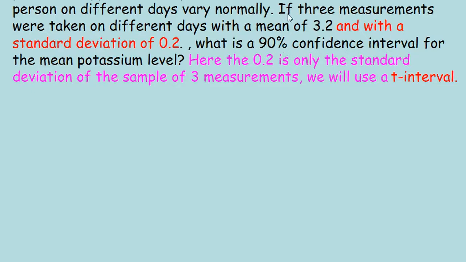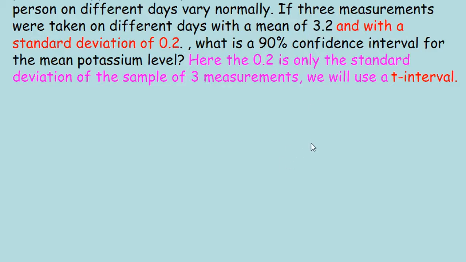Now it says if 3 measurements are taken with a mean of 3.2 and a standard deviation of 0.2, that would make this a T interval, because this standard deviation of 0.2 only applies to the 3 measurements.